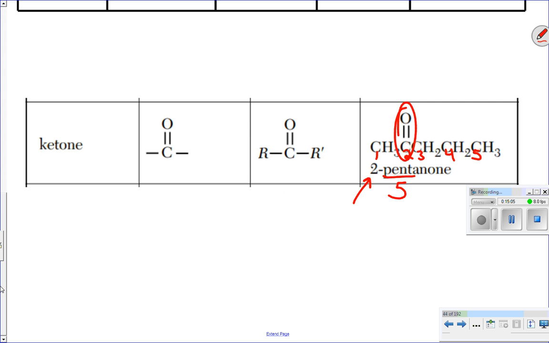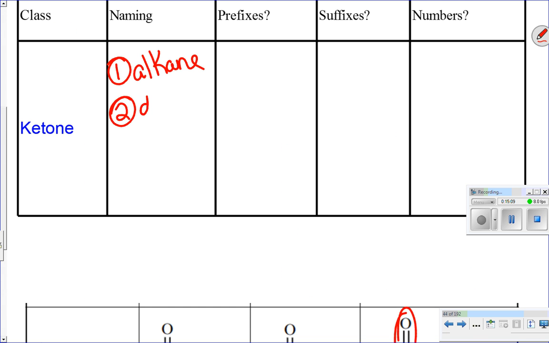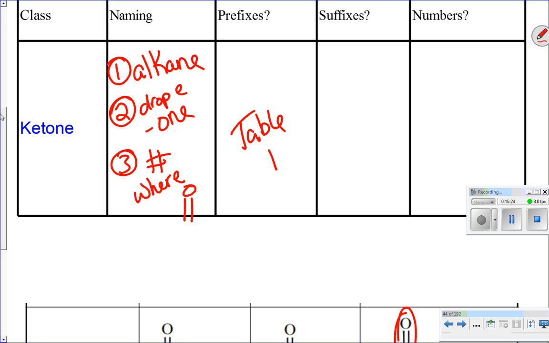Instead of calling this pentane, I would drop my E and call this pentanone. And then I'm going to give a number where I have my double bonded oxygen attached. So my prefix will be from table P. My suffix will be -one. And yes, I have numbers to tell where my double bonded oxygen is.